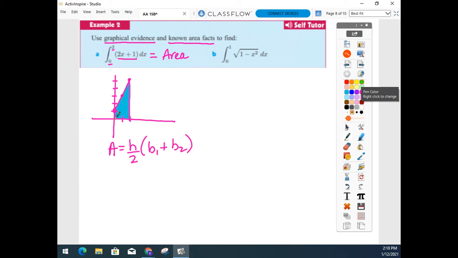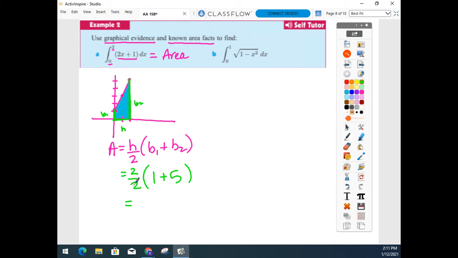So our height is the distance between our parallel sides. This is our height, base 1, base 2. So our height is 2. Base 1 is the distance from here to here, which is 1, plus the distance from here to here, which is 5.